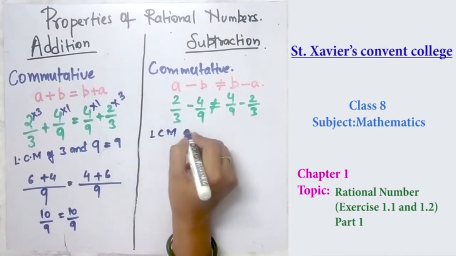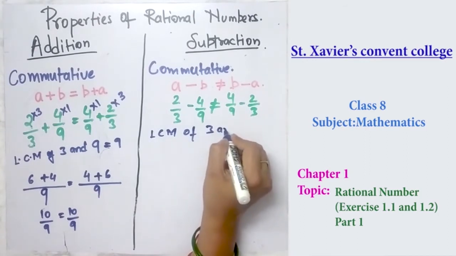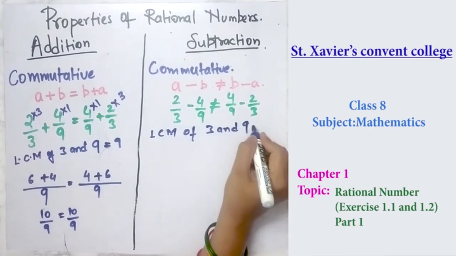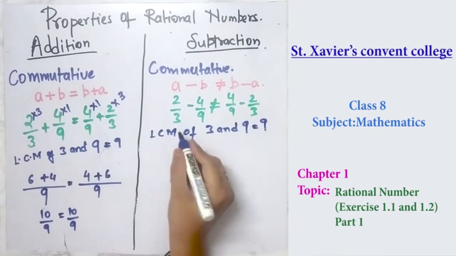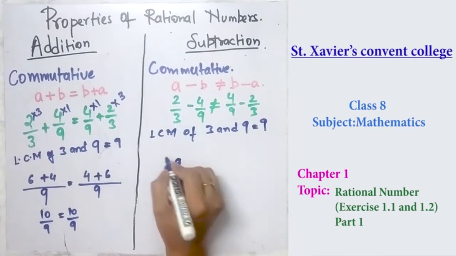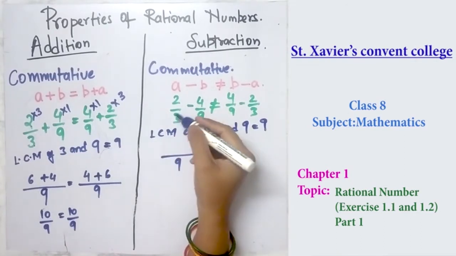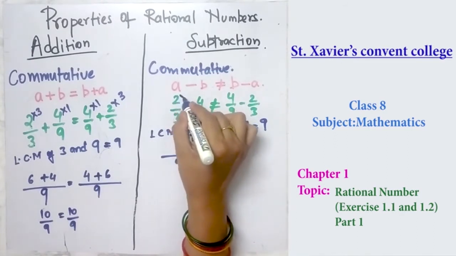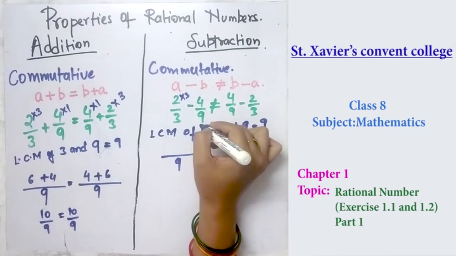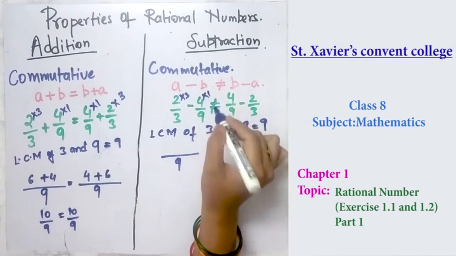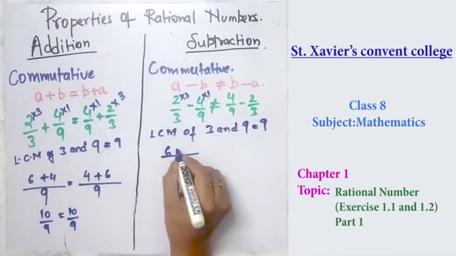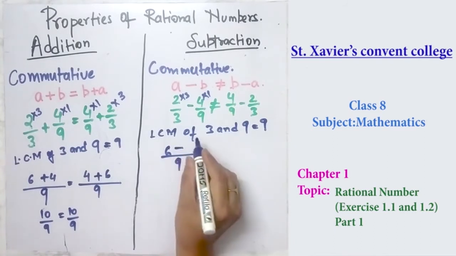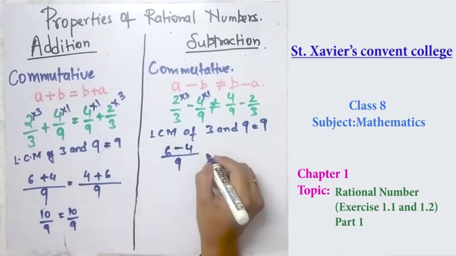LCM of 3 and 9 comes to be 9. Again 9 over here as LCM, 3 ones are 3, 3 twos are 6, 3 threes are 9. So 3 will be a multiple, 9 ones are 9, 1 will be the multiple. So 6, 3 twos are 6, 4 into 1, minus 4.